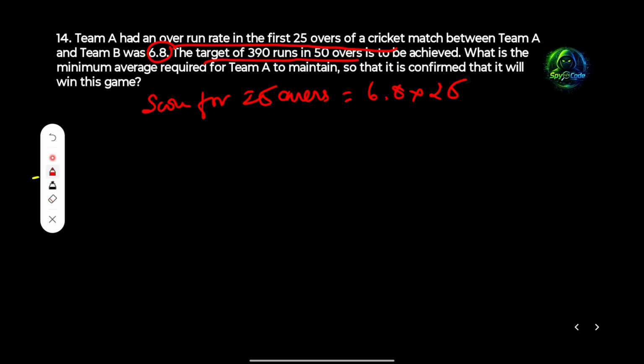And also you need to find the score for the next 25, so total 50 overs. We already finished 25 overs. So around 170 runs are scored.